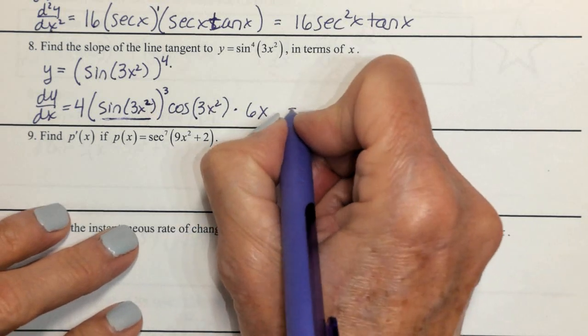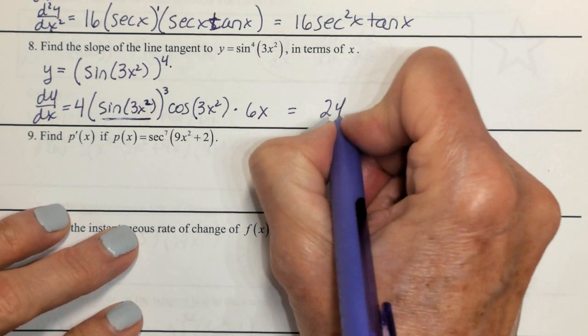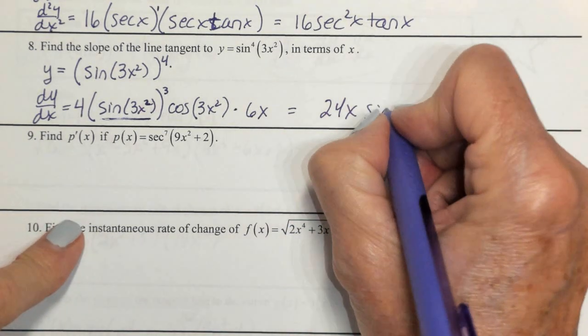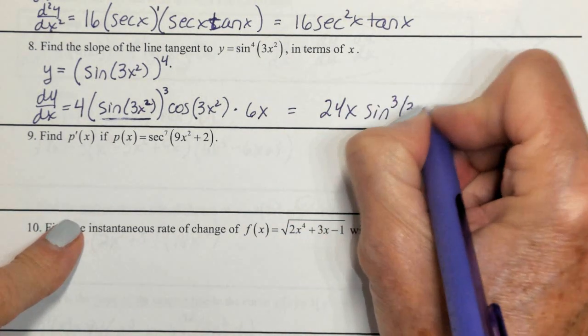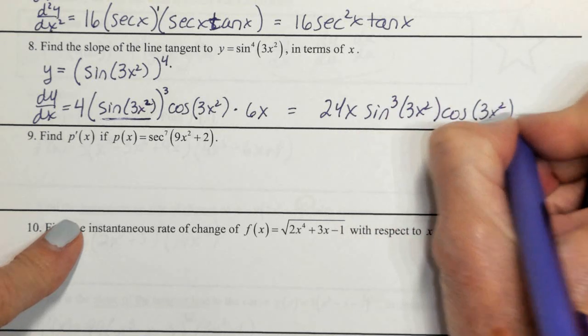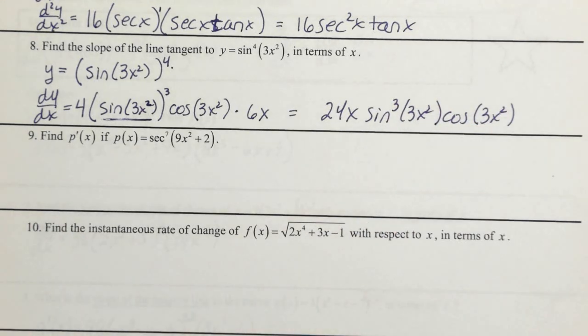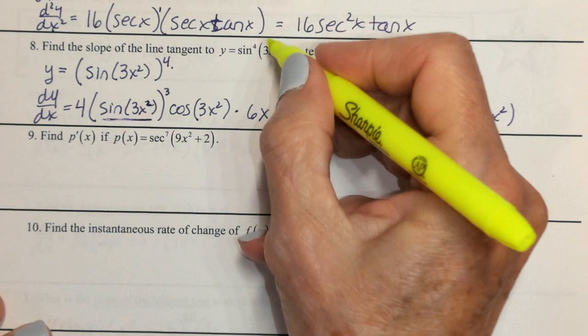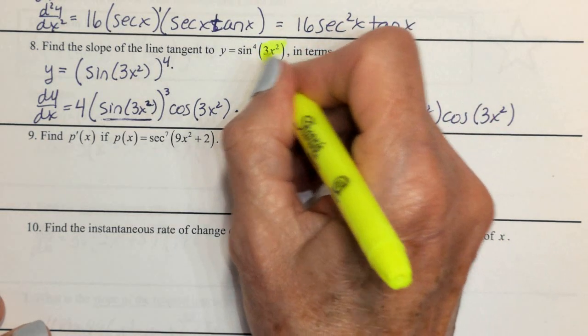So this derivative cleaned up would be 24x sine cubed of 3x squared cosine of 3x squared. I need you to notice something about this. We started out with a trig function whose argument was 3x squared.